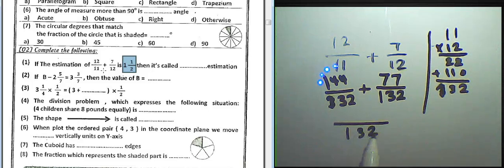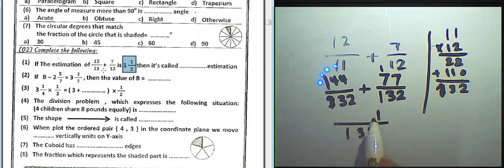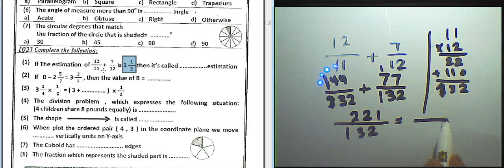Write 132 in the numerator, and 7 plus 4 is 11, write 1 and carry 1. 7 plus 1 is 8, 8 plus 4 equals 12, write 2 and carry 1, 1 plus 1 equals 2. You can convert this fraction from improper to a mixed number, right? 132 in the numerator. If you add 132 and 132, the result will be 264. It's greater, so we must write 1 and then find the difference between them. 1 minus 2 we can't do, so we must borrow 1. 11 minus 2 equals 9, and then 11 minus 3 equals 8.